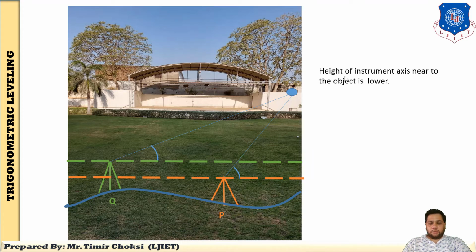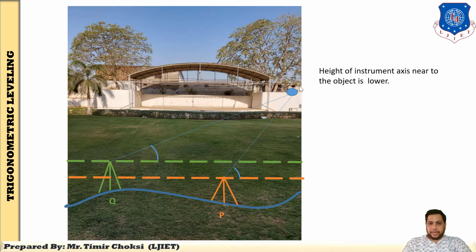What does the first case say? Height of instrument axis near to the object is lower. This is our object, P is the instrument, and Q is the instrument.